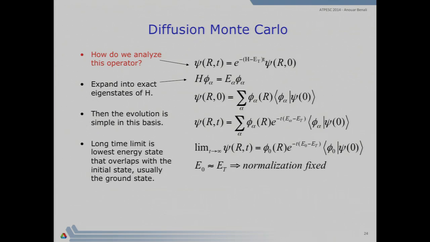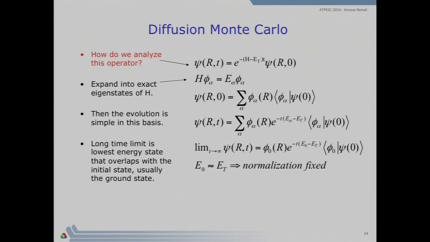So we have a projector here, and we're just going to expand it in the exact eigenstates of our Hamiltonian. And then the wave function is going to evolve simply with a basis set that is based on the evolution.